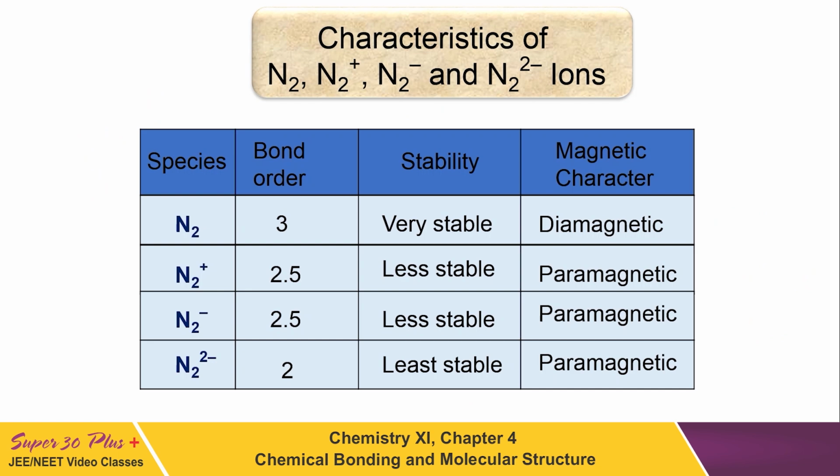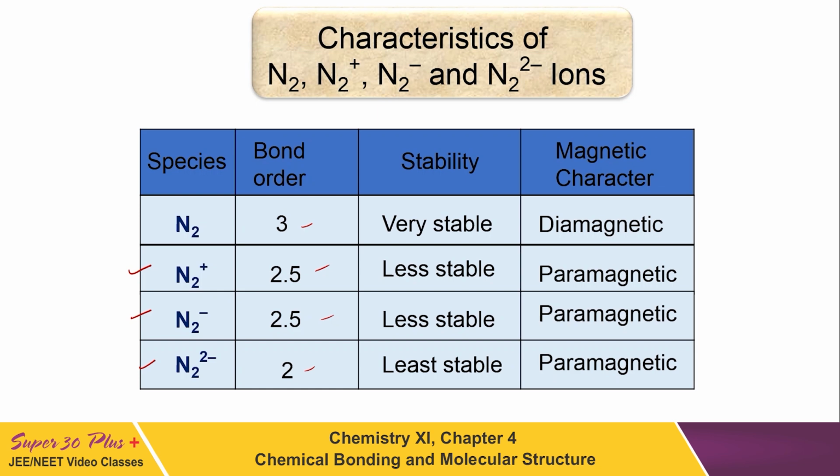And these are the characteristics and the different bond orders of nitrogen and its ions. For N2, N2 plus, N2 minus, N2 minus 2, bond order is 3, 2.5, 2.5 and 2.